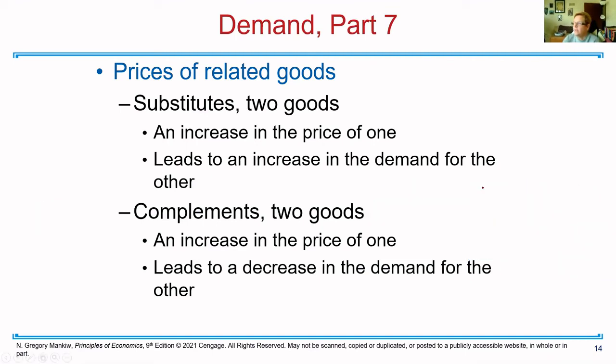Before I leave this slide, I want to capture something that I thought was important as well. In substitutes, let's say A and B are substitutes. They can be used in place of one another. If the price of A increases, we know the quantity demanded will decrease, all else held constant, and people will then buy good B. So the demand for good B increases or shifts outward to the right.